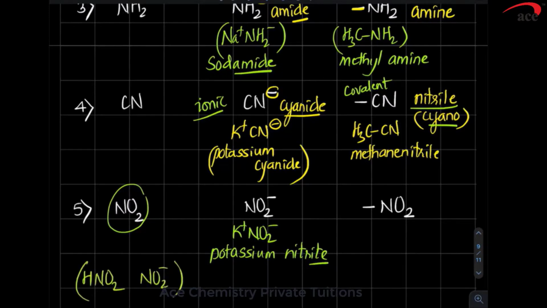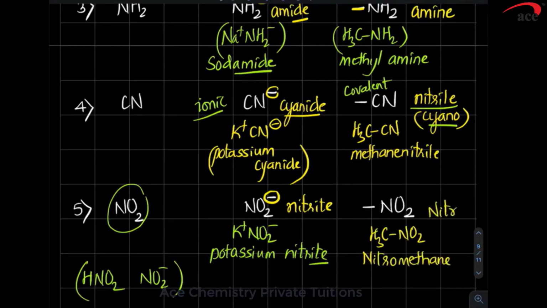Yeah, nitrite, potassium nitrite. And therefore, this name will be ite, nitrite, when it is an anion. Does anyone know the name of this compound, CH3NO2? Correct, nitromethane. And the group gets the name nitro.